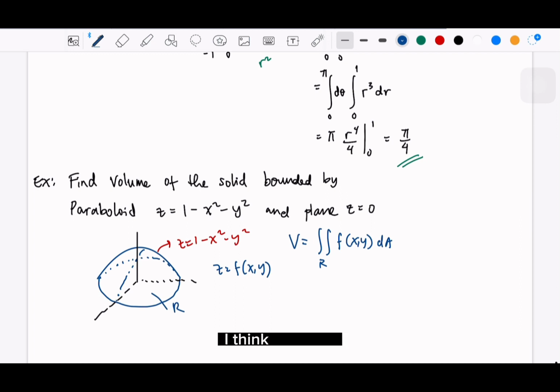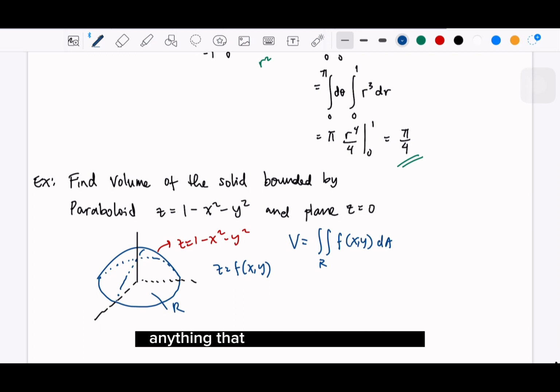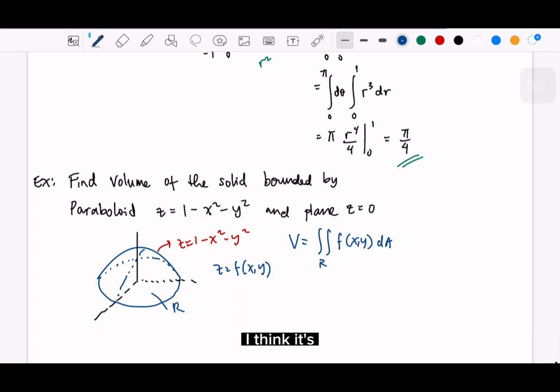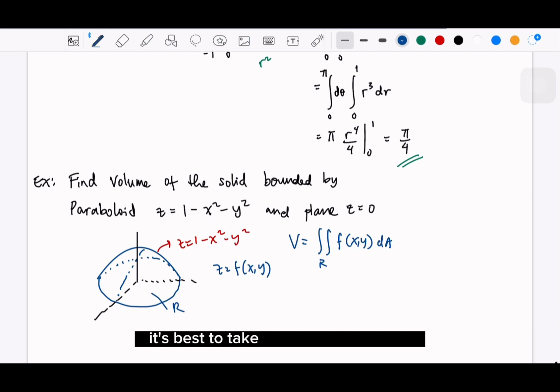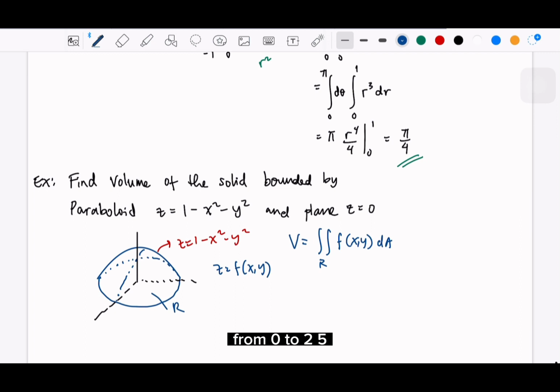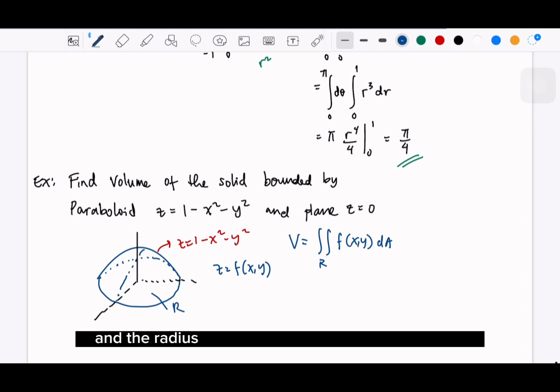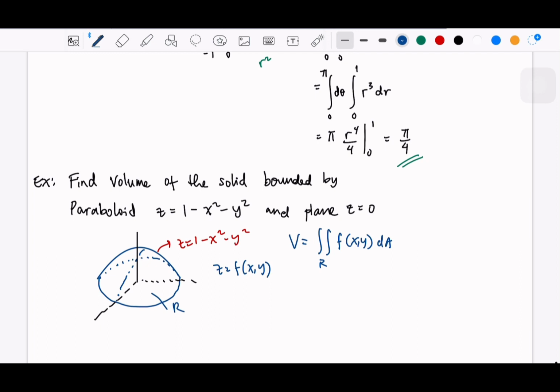And for anything that has a relation with a circle, I think it's best to take the polar conversion. So this is just a normal circle, so theta is from 0 to 2 pi, and the radius is just from 0 to 1 because it's a solid circle.